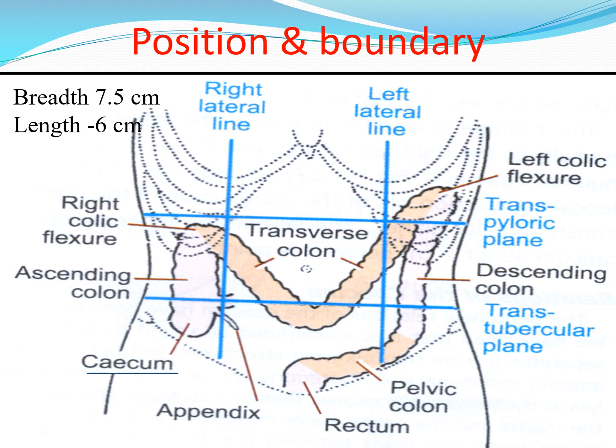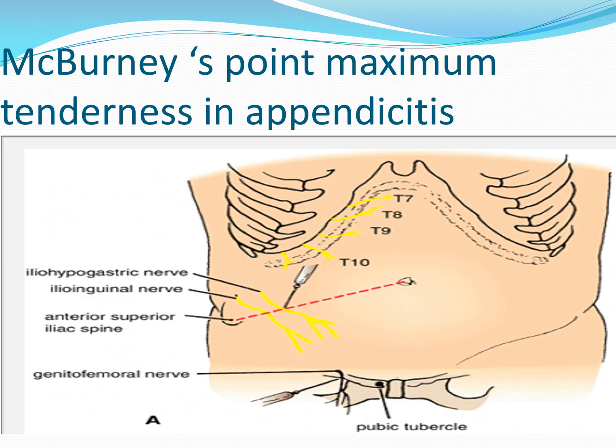The body of the appendix is narrow and tubular, and contains a canal which opens into the cecum. The cecal opening is guarded by an incomplete mucosal fold, the valve of Gerlach. So this is the position of the appendix, and McBurney's point is the point of maximum tenderness in appendicitis.